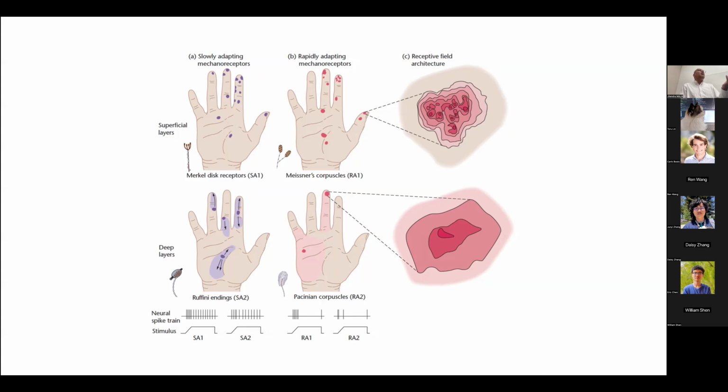You need high frequencies in the temporal dimension to keep this neuron firing. When it becomes constant, it doesn't care. So constant steady pressure, it doesn't care. Now this is not true, for example, for the Merkel discs, where it's still responding to steady pressure.